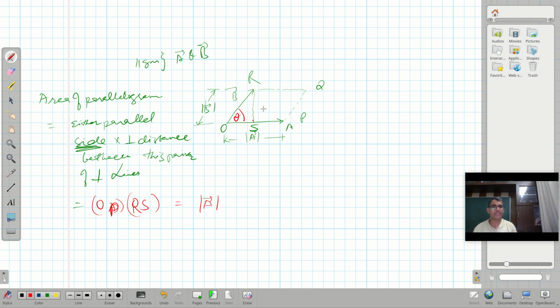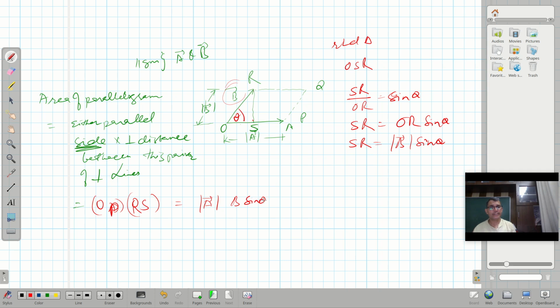In the right-angle triangle OSR, SR over OR is equal to sine theta, simple trigonometry. So SR is equal to OR sine theta, and since OR is the magnitude of vector B, SR is B sine theta.